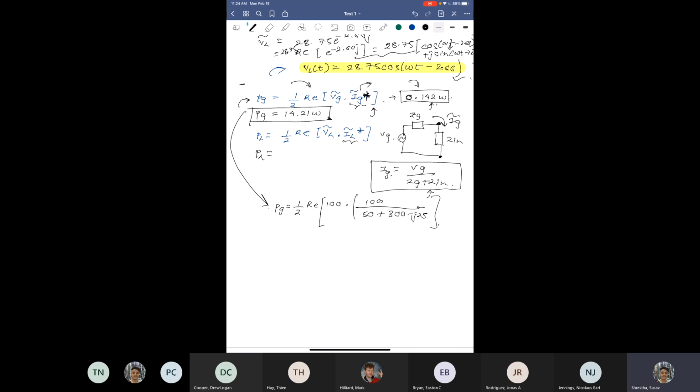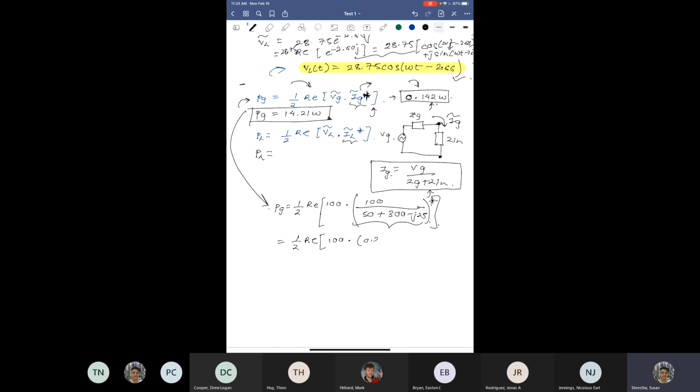Now, important thing to remember is do not forget to conjugate this particular value over here. If you plug this into your calculator, you should get something. Actually, I didn't solve for it. All right, let me plug it into my calculator.